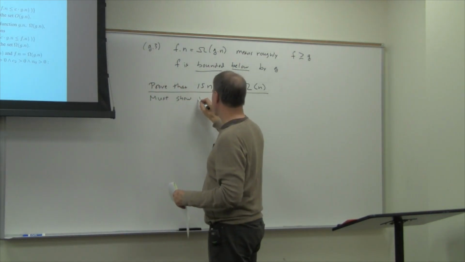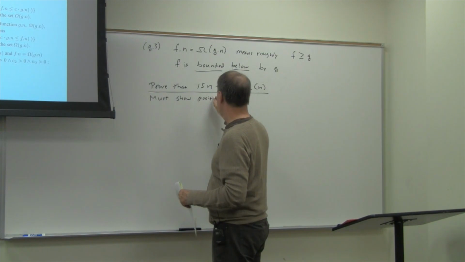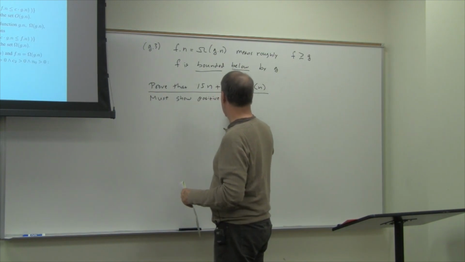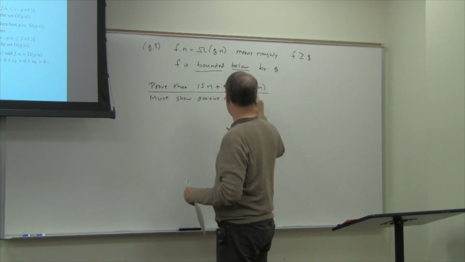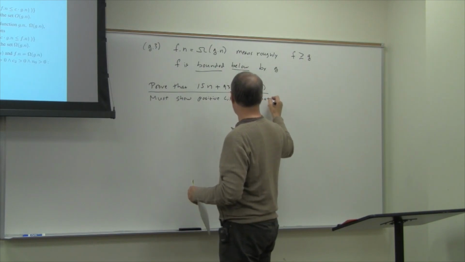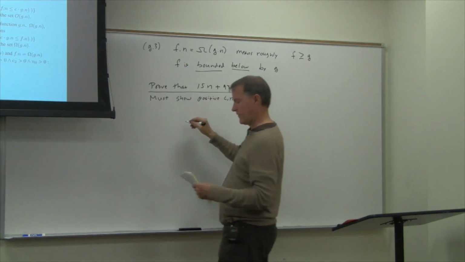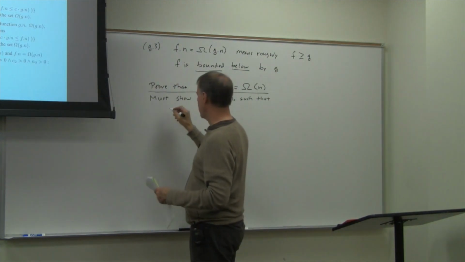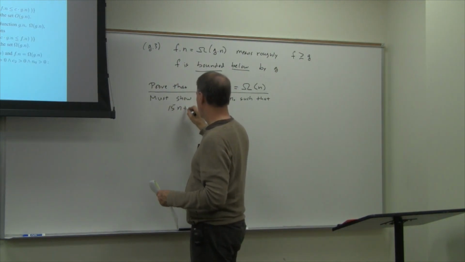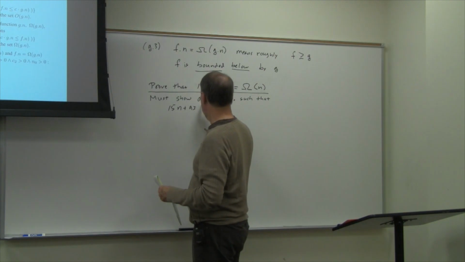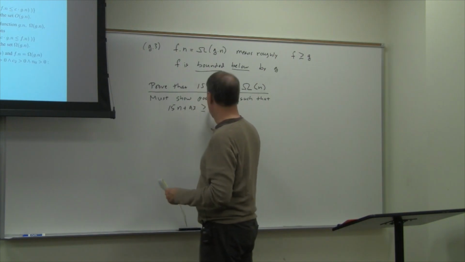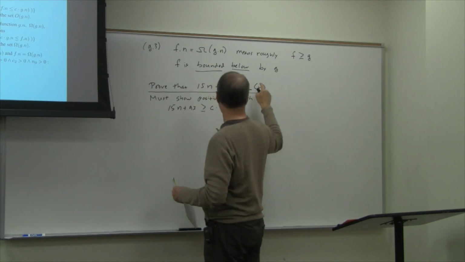Must show positive c and n naught such that, only this time, 15n plus 93 is greater than or equal to c times n.